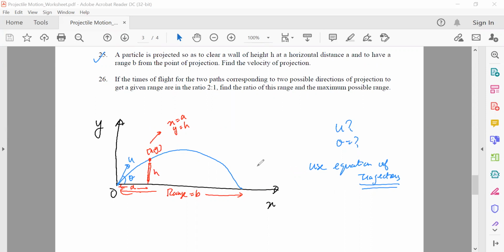Okay. Just try this question. I'll give you a hint also on how to solve the final thing first. But try to fit the data in the equation of trajectory. So basically you have two unknowns, so you need to generate two equations.